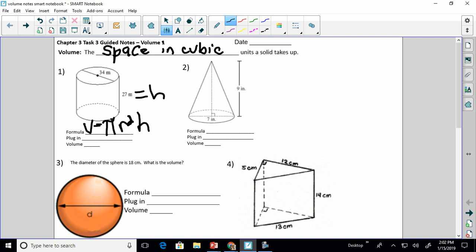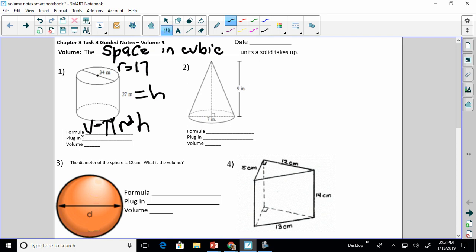Now, the radius is a little bit trickier because this one gives you the distance all the way across the circle. To get the radius, we divide that number by 2. So 34 divided by 2 is 17. Radius equals 17. We're going to do all of these answers in terms of pi, so we're not going to use 3.14.